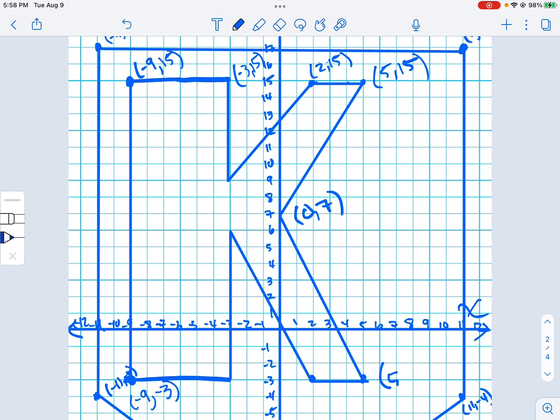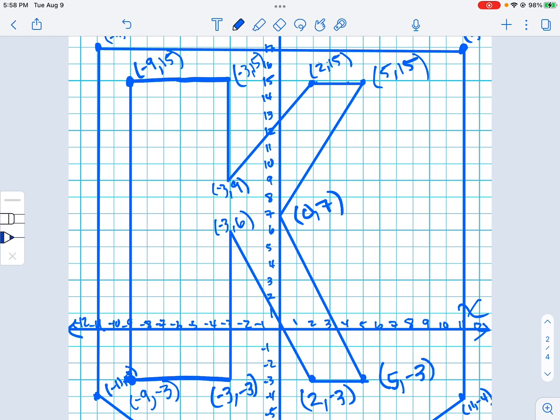This is 5, negative 3. This is 2, negative 3. This is negative 3, negative 3. This is negative 3, 6. This is negative 3, 9. What point am I missing? I think I have all the points.